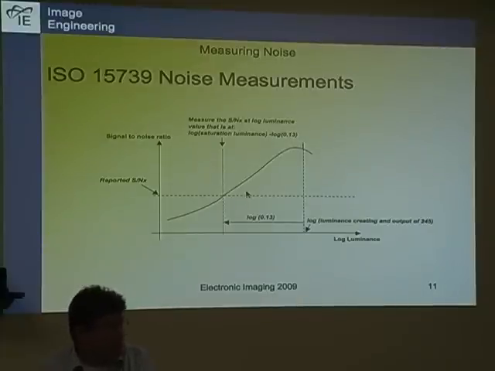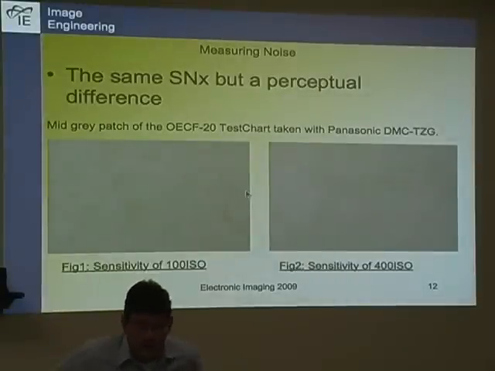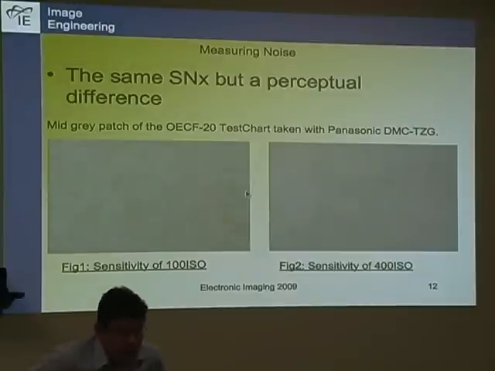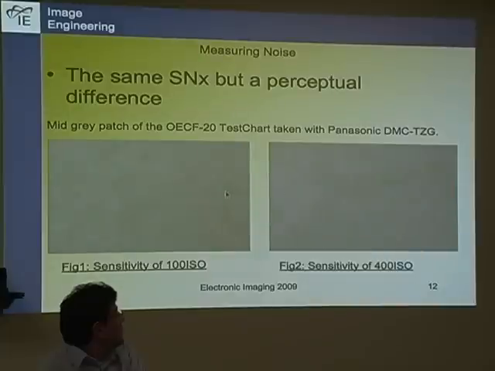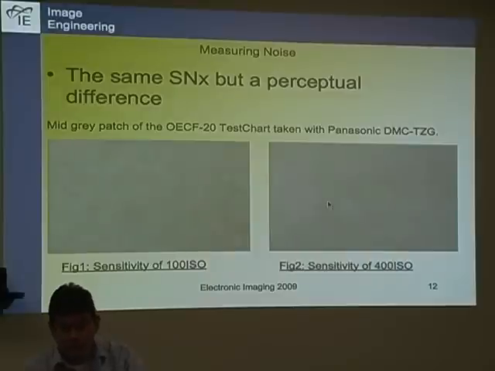So this is how the standard is going to change, but we still have a problem: when we look at signal-to-noise ratios, we find gray patches with about the same signal-to-noise ratios we've measured, but as you can see here, completely different perceptions.